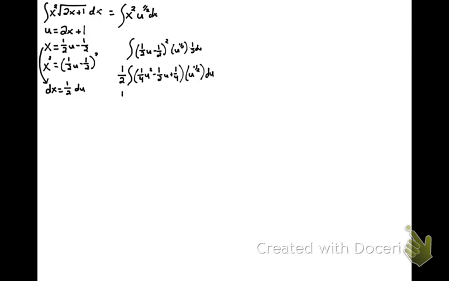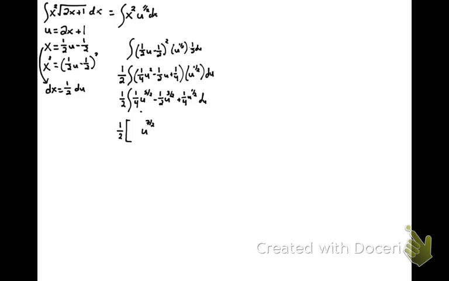And from here, if I just distribute in u to the 1/2, I'll have an integral that I can integrate via the power rule. So this would be 1/4 u to the 5/2 minus 1/2 u to the 3/2 plus 1/4 u to the 1/2 du. And now we're able to integrate. So this is 1/2 times, when you integrate 1/4 u to the 5/2, it will go to 7/2.